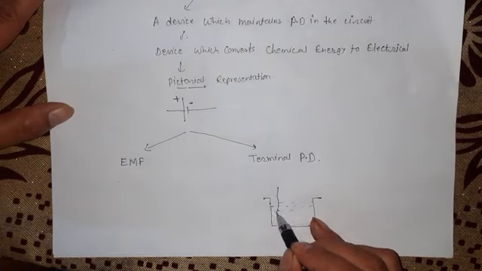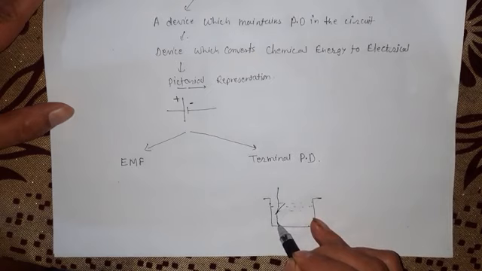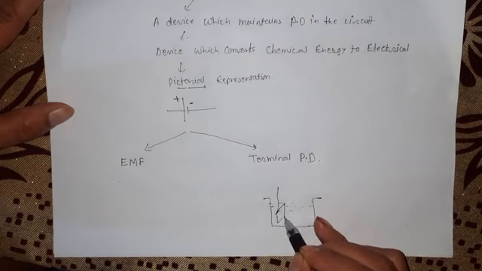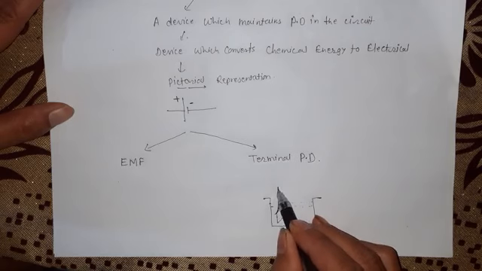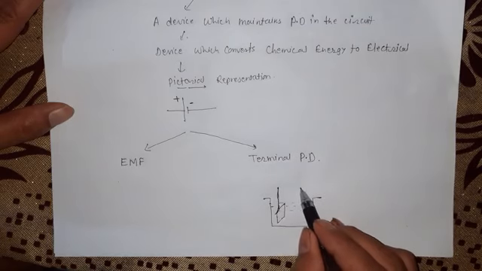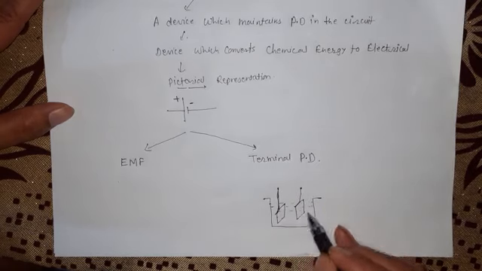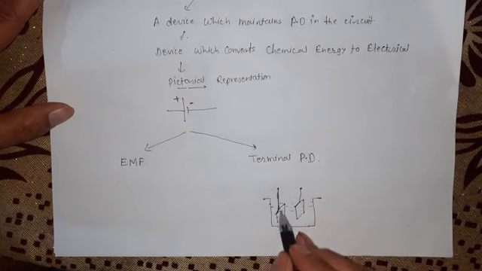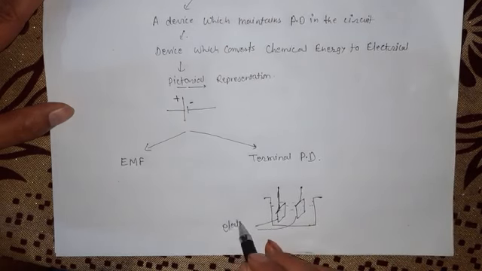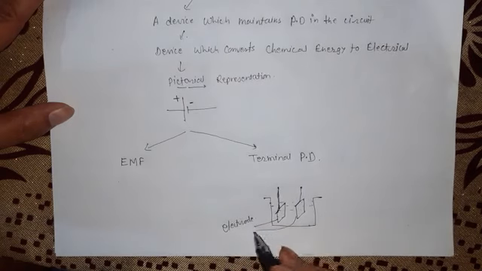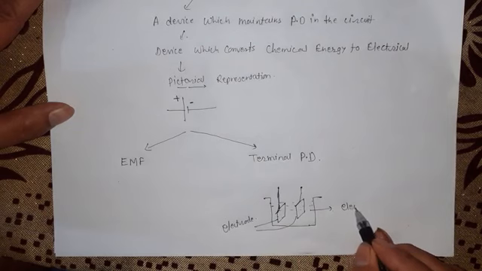Here I have placed one plate which is immersed in that electrolyte, and this is the second plate, which is also in the electrolyte. These are said to be electrodes, and inside this jar there is electrolyte.